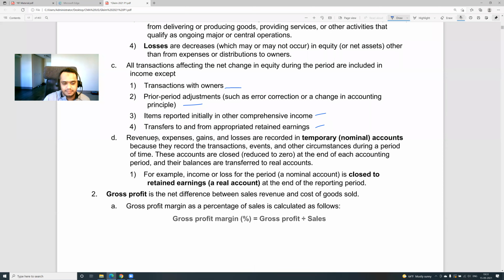These all stuff. Okay. Revenue, expenses, gains, and losses are recorded in nominal accounts because they record the transactions and events. I hope you guys know what is the rule of nominal account.